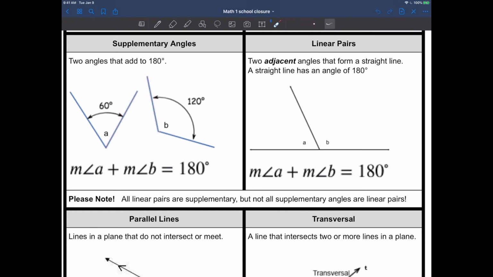But because these two are not adjacent, they're not sharing the same ray or the same side, like these two angles are, sharing this side right here, I can't call these linear pairs. They have to form a straight line like this. So just please note, all linear pairs are supplementary, but not all supplementary angles are linear pairs.